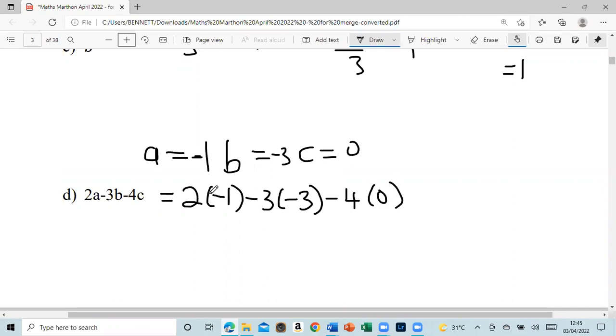And then we can work the maths, right? 2 times -1, that's -2. -3 times -3, a negative times a negative, that's +9. Plus 0. Anything times 0 is 0. So this is the same thing as 9 minus 2, right?